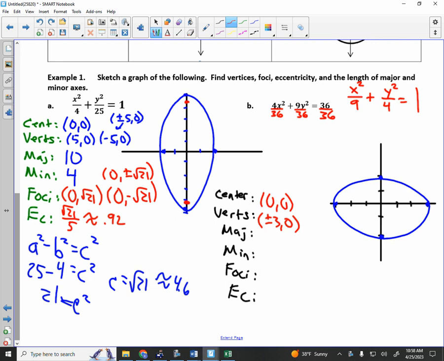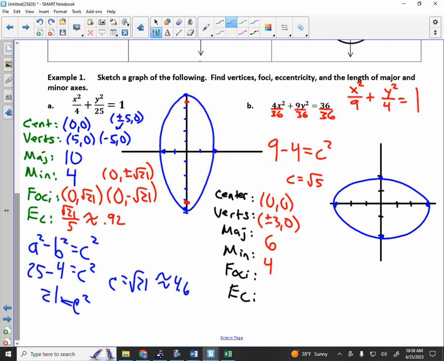What's the length of that major axis? It is 6 units across. What's that shorter distance? Shorter distance is 4. In order to determine the foci, what's my equation? A squared, which is 9, minus b squared, which is 4, is equal to c squared. So that means c is equal to what?